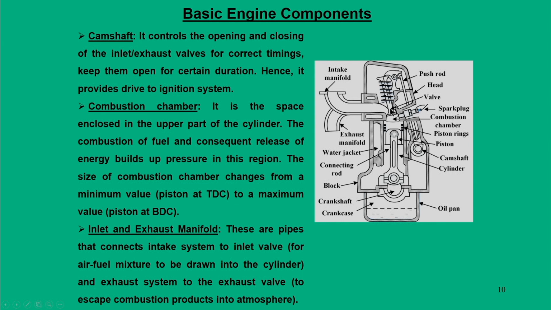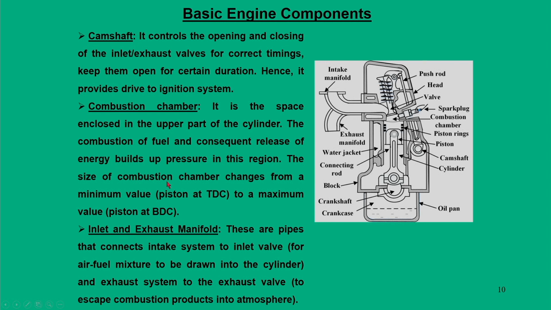Now, the air fuel mixture goes into the combustion chamber. This is the next important component. It is the space enclosed in the upper part of the cylinder. The combustion of fuel and consequent release of energy builds up pressure in this region.